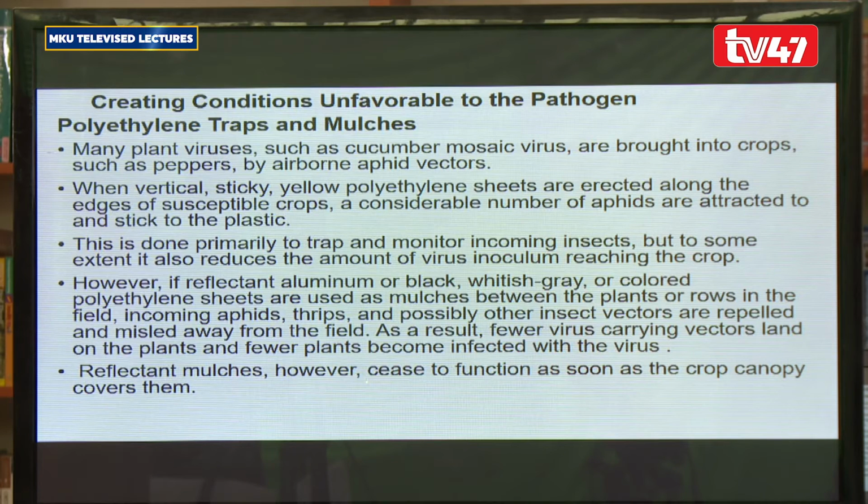They will not be able to complete their life cycle. You need to identify that each nematode species has different trap crops. For example, a trap crop for root knot nematodes is sorghum. If you plant sorghum, the nematodes will invade, and after some time they will not be able to complete their life cycle.